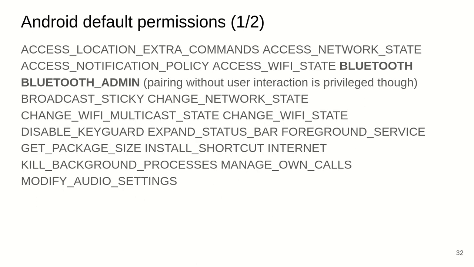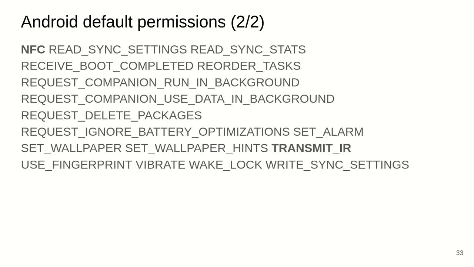Default permissions are as follows. So there's a couple of things like audio settings, Bluetooth access and whatnot, but also NFC, transmit IR, and whatnot that could potentially be dangerous and could require some additional vetting. But those have been considered safe for most use cases, and most applications use them in a reasonable manner.